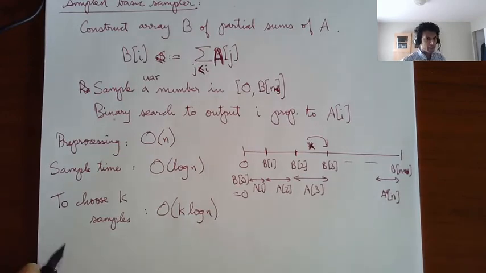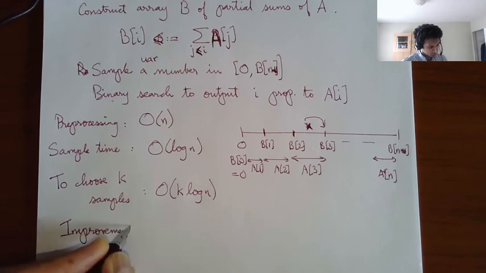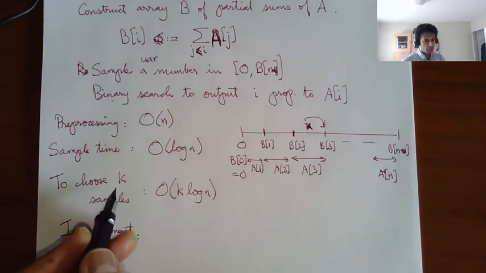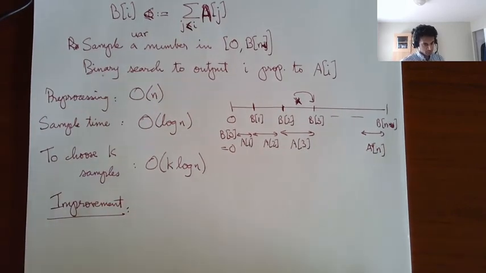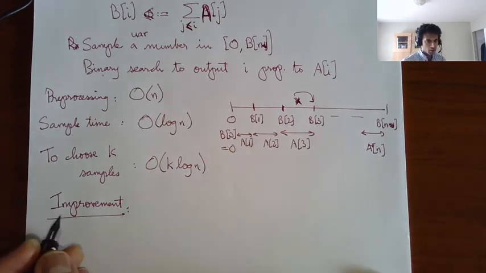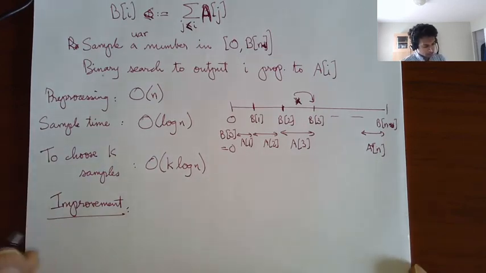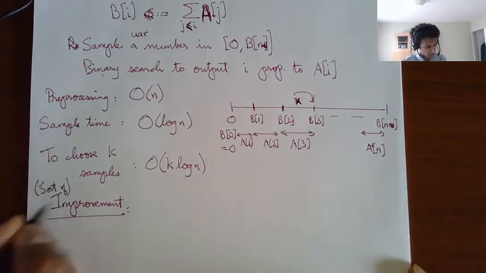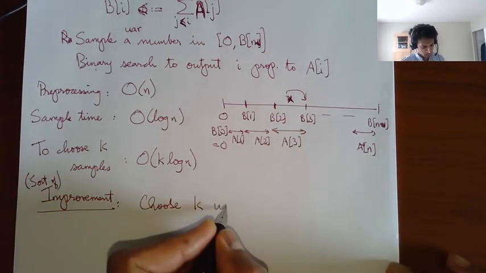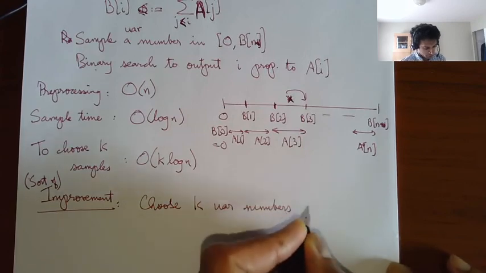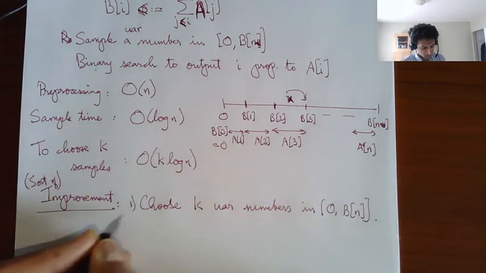Let me give you a simple improvement. If you want to choose k samples, now what you do is choose your k uniform at random numbers, because you need to choose k samples, right?